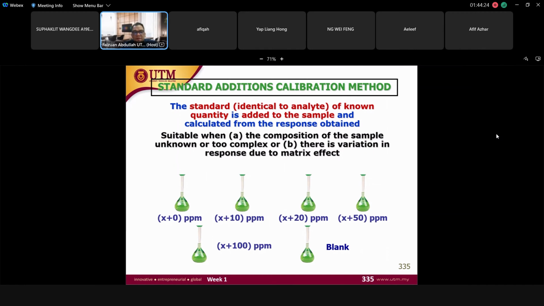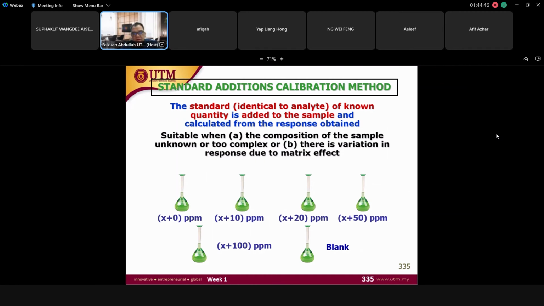The standard is identical to the analyte, a standard where we know the concentration, a known quantity added to the sample. It's suitable when the composition of the sample is unknown or too complex. With the previous method, we prepare all the standards using distilled water.